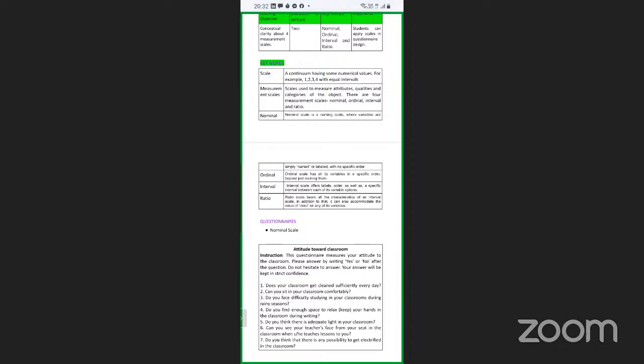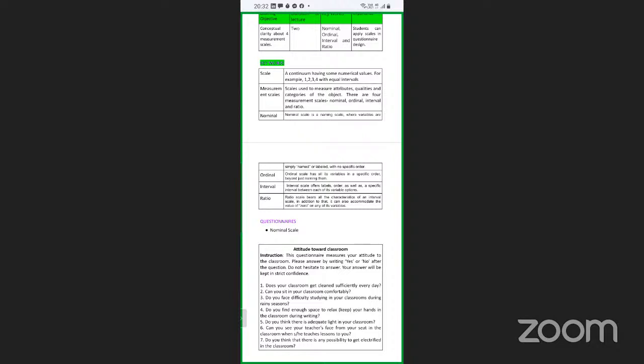But from the gradation, the change is there. So this is the very important scale. It is called the interval scale.